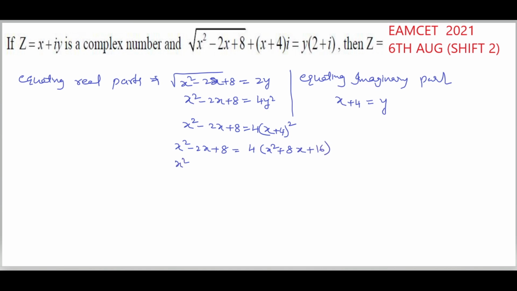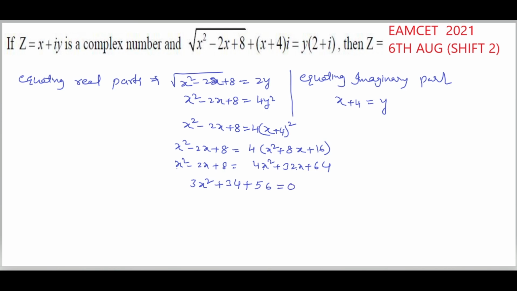X square minus 2x plus 8 is equal to 4x square plus 32x plus 64. So here 4x square minus x square, this is 3x square, plus 32x plus 2x, this is 34x, plus 64 minus 8, that is 56 is equal to 0.